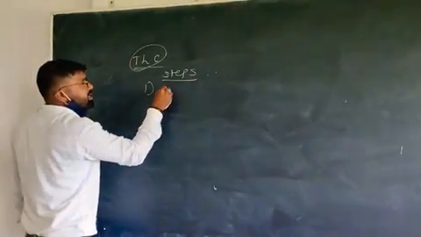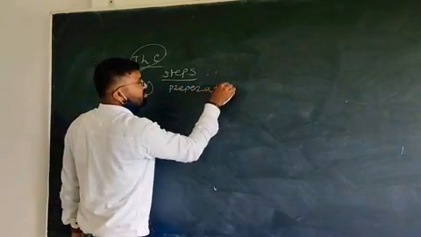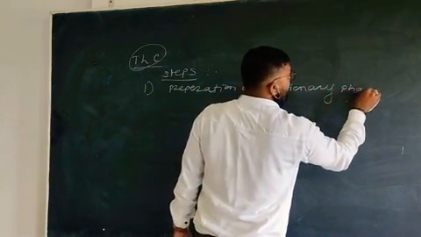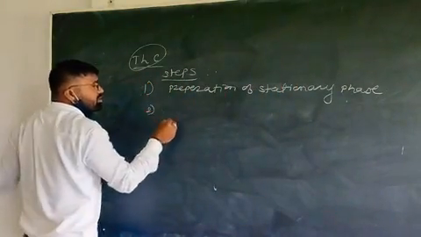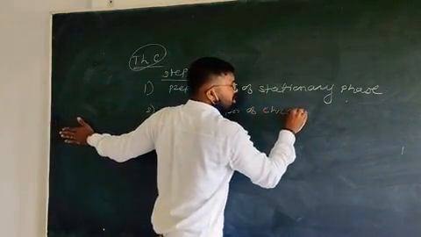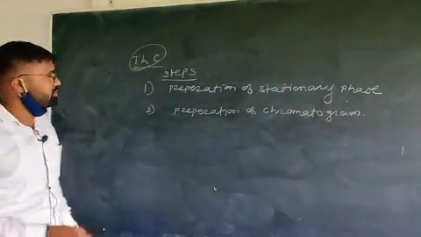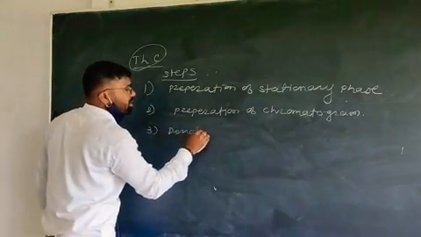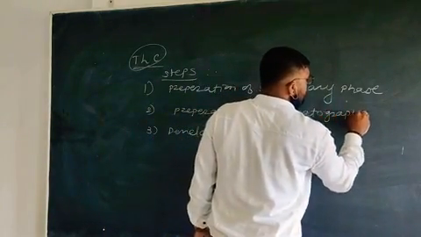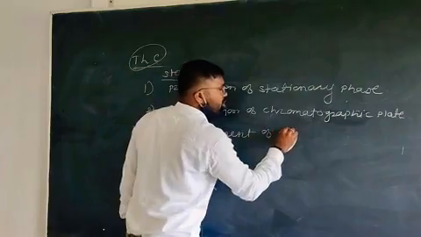The first step in TLC is preparation of the stationary phase, that is the adsorbent, right. The second step, preparation of the chromatogram, including application of a spot, development of the chromatogram. Here you can say preparation of the chromatographic plate, right. Development of the chromatographic plate.